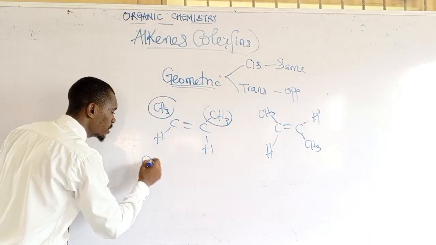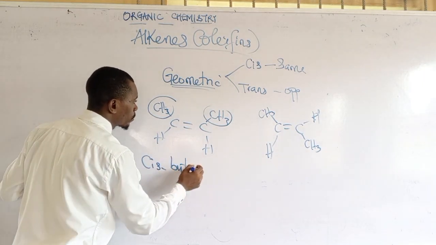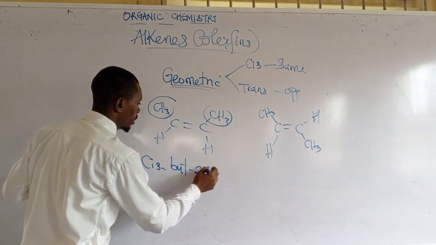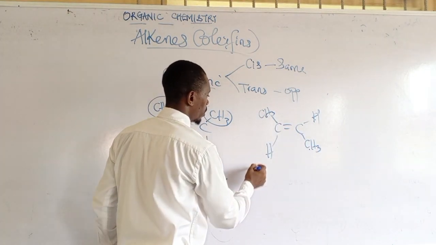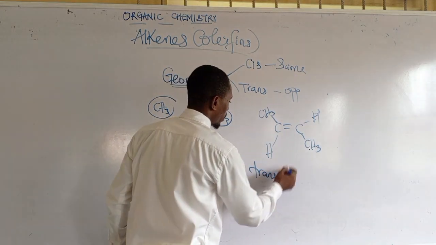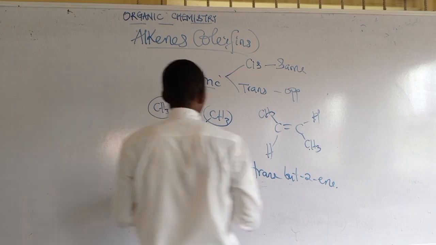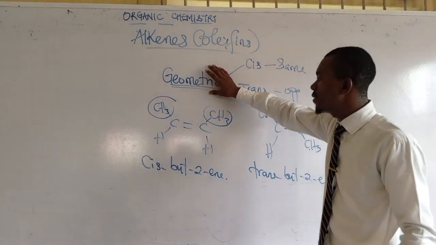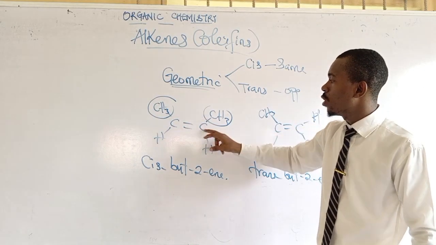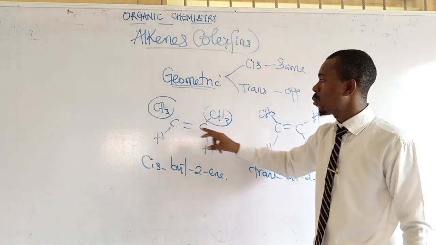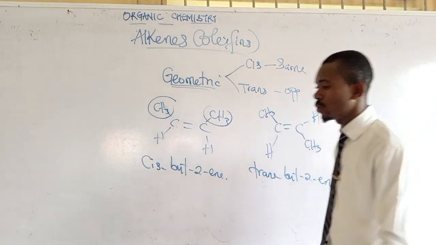So it is cis-but-2-ene, while here on the opposite side is trans-but-2-ene. The reason why we have geometric isomerism is because there is a restriction of rotation of these two carbon atoms. Why? They are held in space by this double bond.